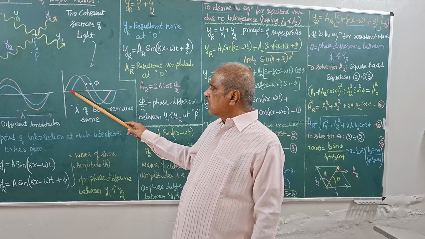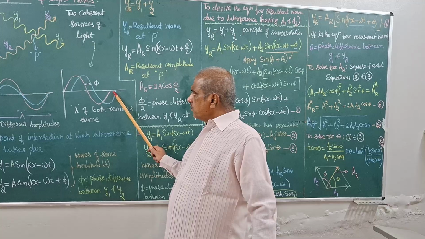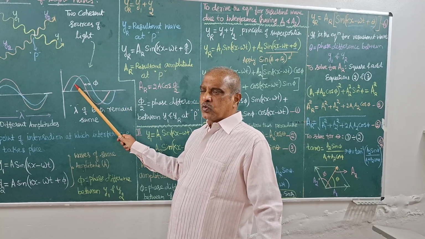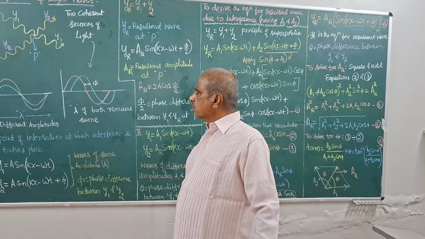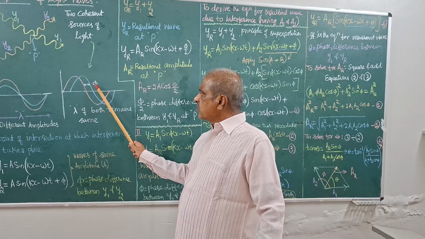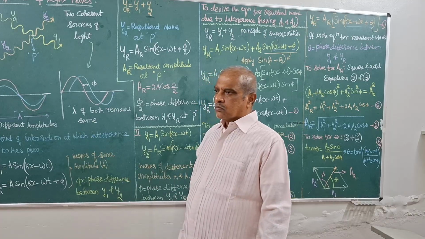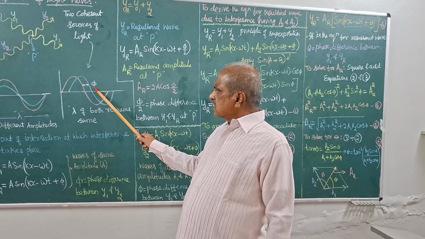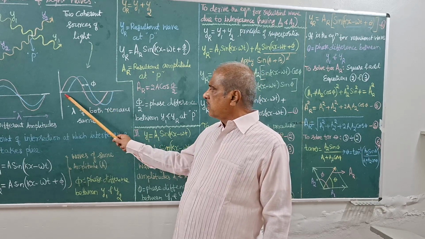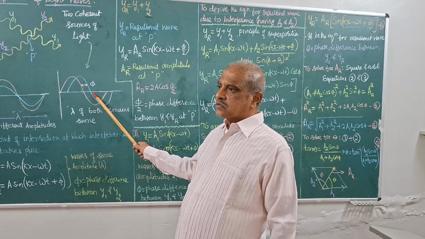The difference is that one is lagging behind the other. The wavelength remains the same, and they may have the same amplitude or different amplitude. But we see the difference: it is the phase difference between the two waves. And this phase difference phi, if it remains constant over a period of time while traveling along the x-axis, they are known as coherent sources.